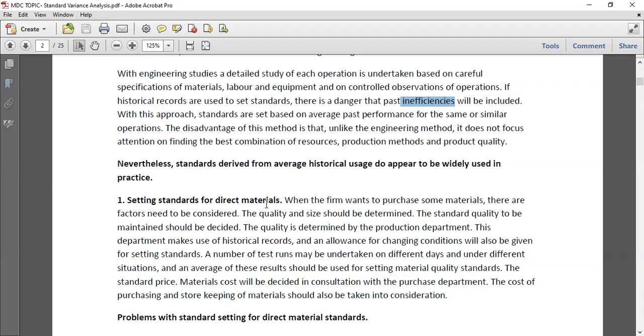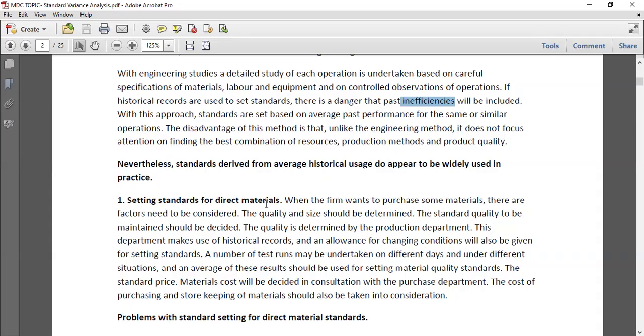Of course, in the same way, once we have those parameters or standards, and we've understood that we can either base on the past information or do an engineering study, okay? Through the engineering study, if it's materials, we may go and look at the material, evaluate what the components are, if we are looking at the aspect of quality.